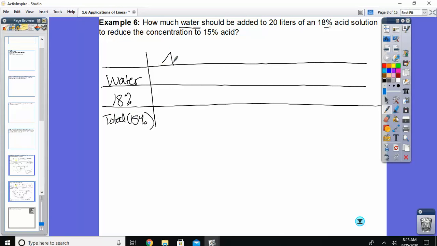So my formula, amount times concentration equals the amount pure. Okay, starts out how much water, so I don't know that. Should be added to 20 liters of an 18%. 18% there is a 20.